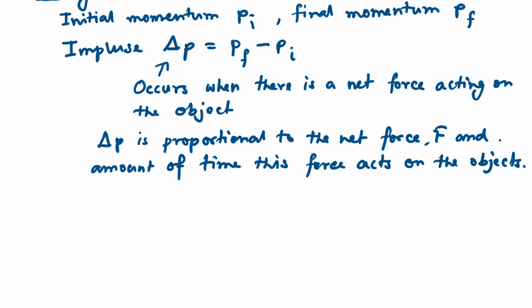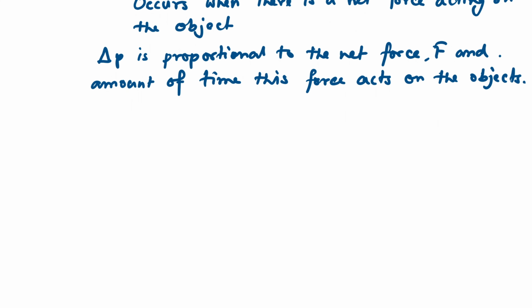So if you apply the same force but for a longer period of time, then the change in momentum will be much bigger. On the other hand, if you apply a large amount of force, then the change in momentum can be bigger as well. So change in momentum depends on the net force that is acting on it, and also the time the force was acting on it.